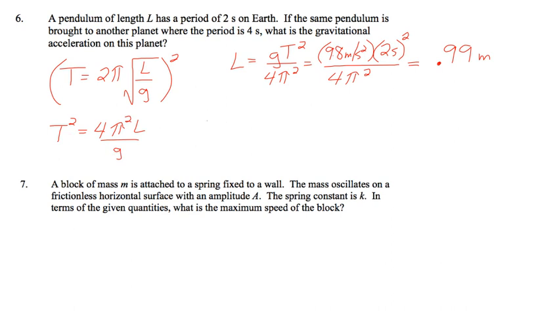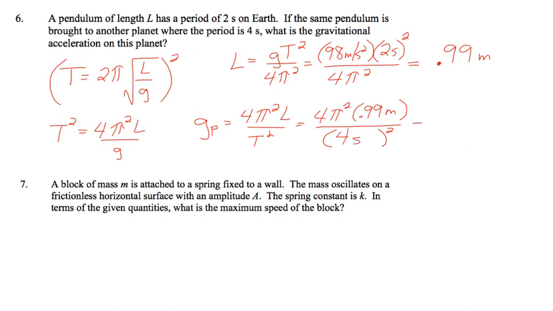So g on this new planet is going to be 4 pi squared L over T squared. So it's 4 pi squared times L, 0.99 meters, divided by the T on this other planet, which is 4 seconds. So it's double what it was on Earth.